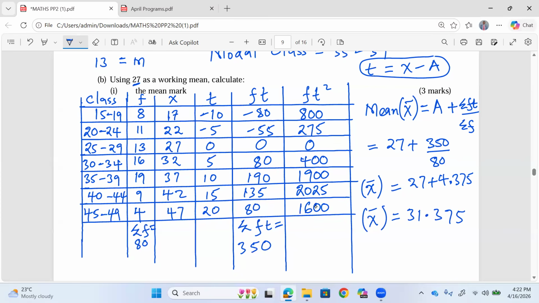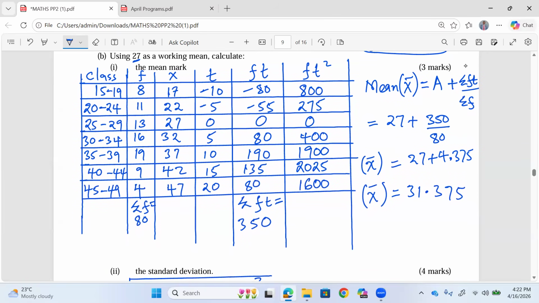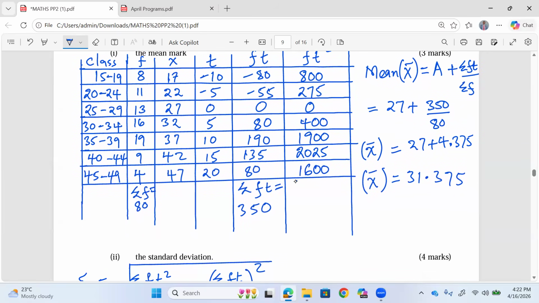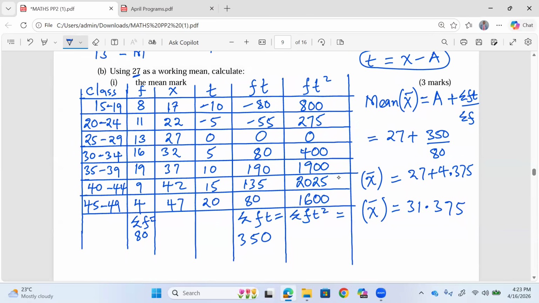So now we can add. I want to assume that I'm computing very accurately. In case it is not very accurate, please understand me and use the right figures. So we add everything: 800, 275, 400, 1900. Then we are adding 2025.